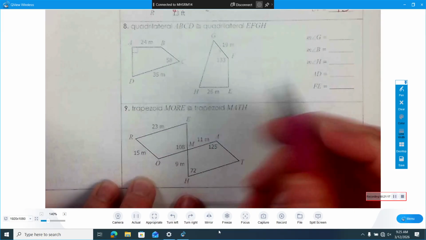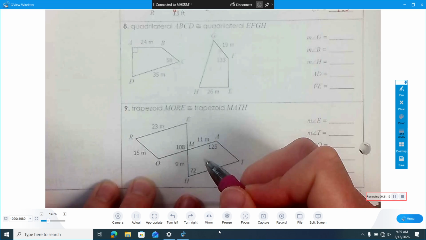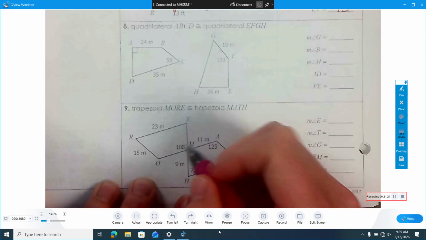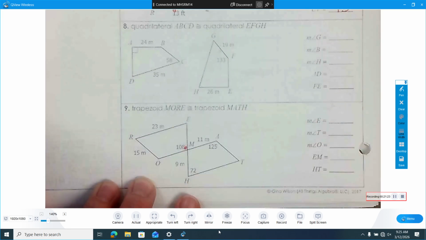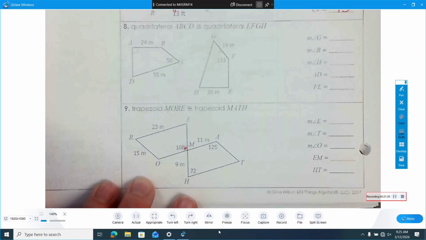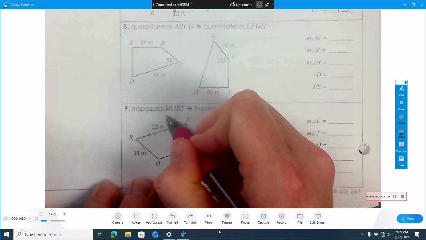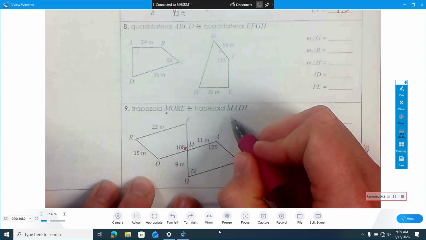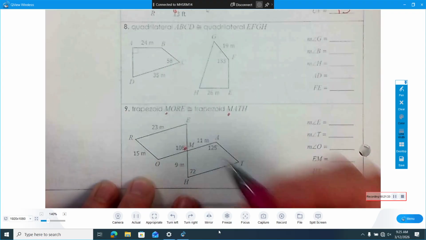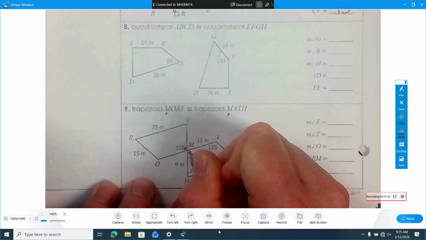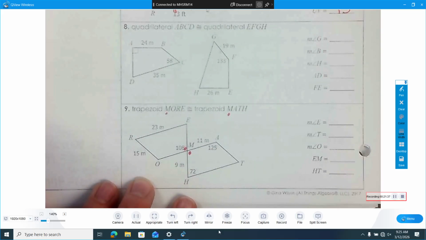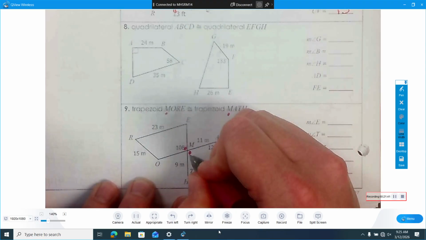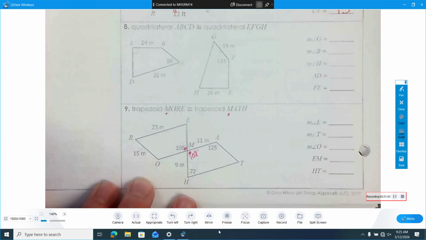So angle M, right here, I'm just going to put a dot, corresponds with angle M, got to be in the first one. It's also M. So why do those correspond? What kind of angles are those? Vertical angles, and they have to match. So this is also 108 degrees, okay?